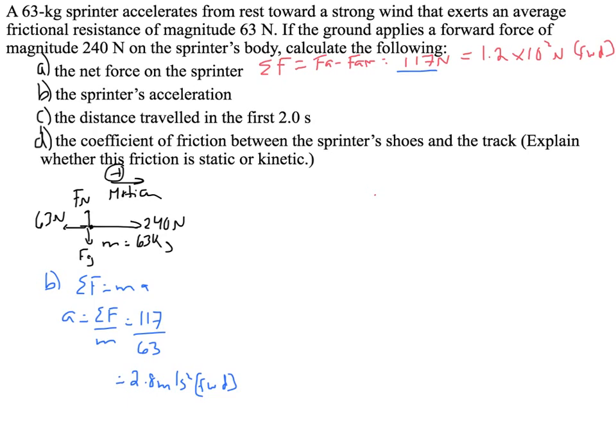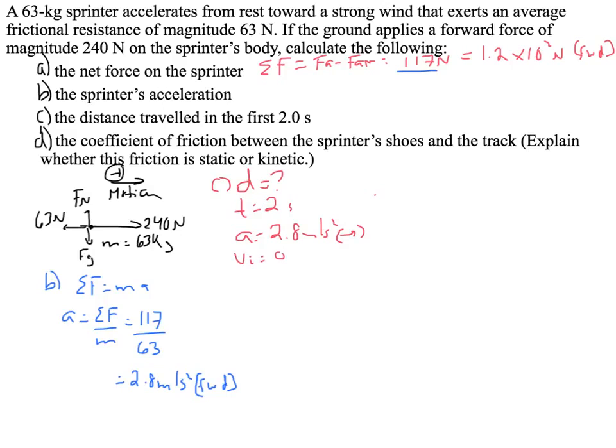C asks for the distance traveled in the first 2 seconds. So for C, we're looking for distance. We know time is 2 seconds. We know the acceleration, because we just found it, is 2.8 meters per second squared that way. And we know he's starting from rest, so Vi is 0.